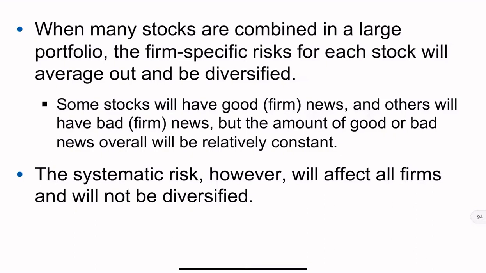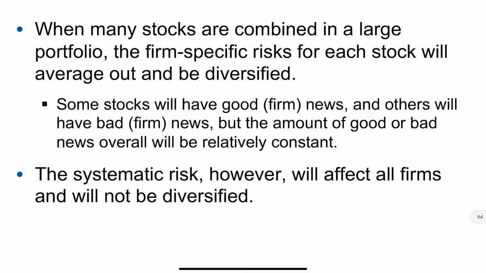However, if you think about systematic risk, even if you pool all firms together, each firm will contain one piece of systematic risk. If you combine these firms together, there's no way you could diversify away the systematic risk, because there is no canceling out effect.